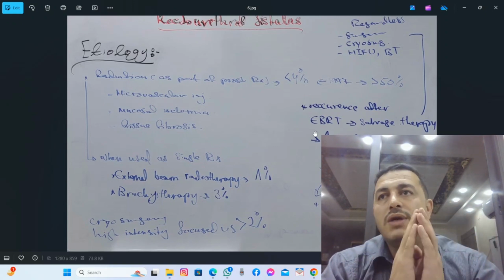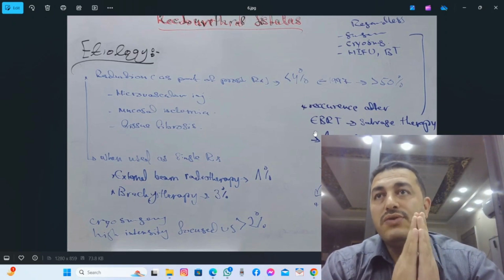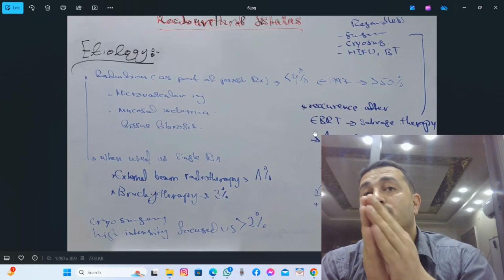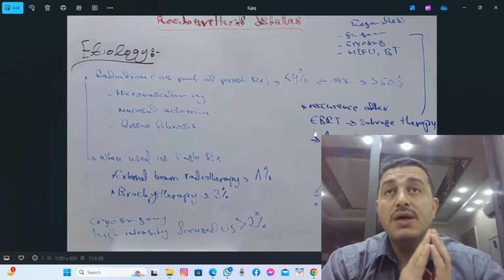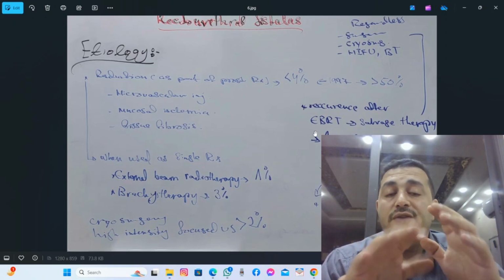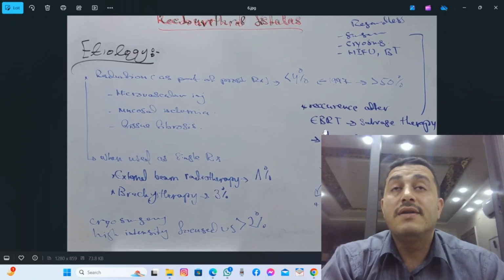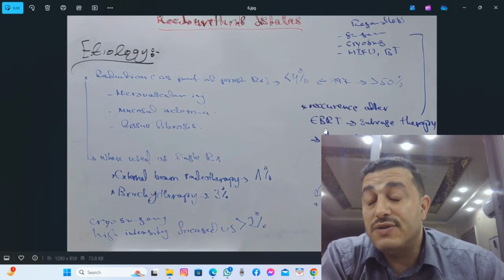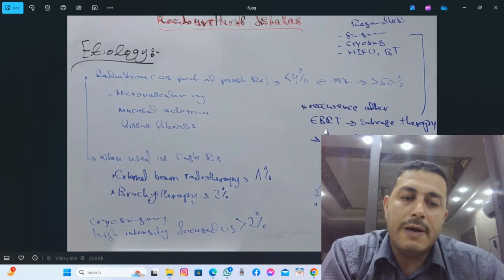So we are talking about patients treated, with recurrence, and we are moving to another treatment as a salvage therapy. Whatever the type of salvage therapy, these patients have the highest risk for not only fistula but complex fistula.